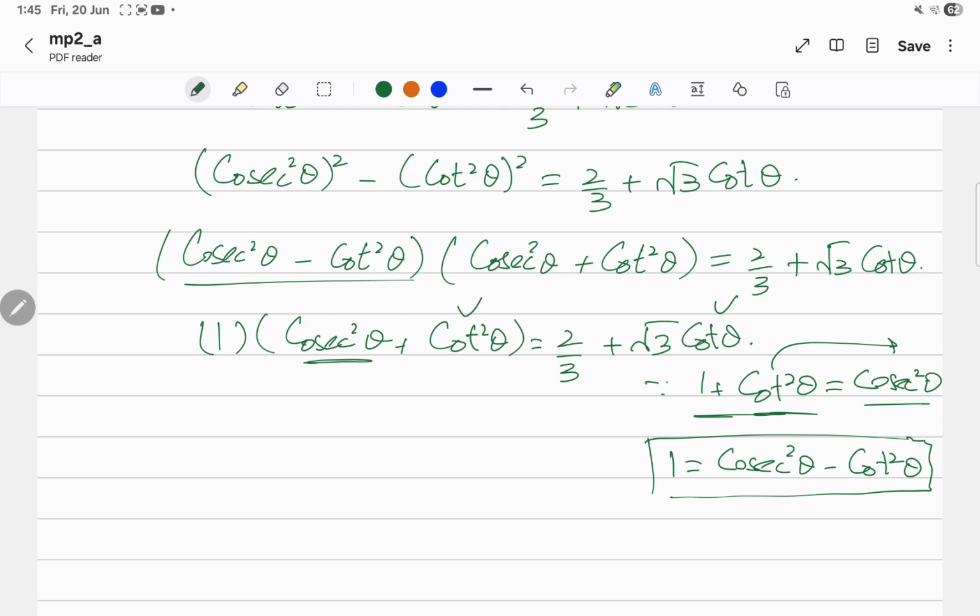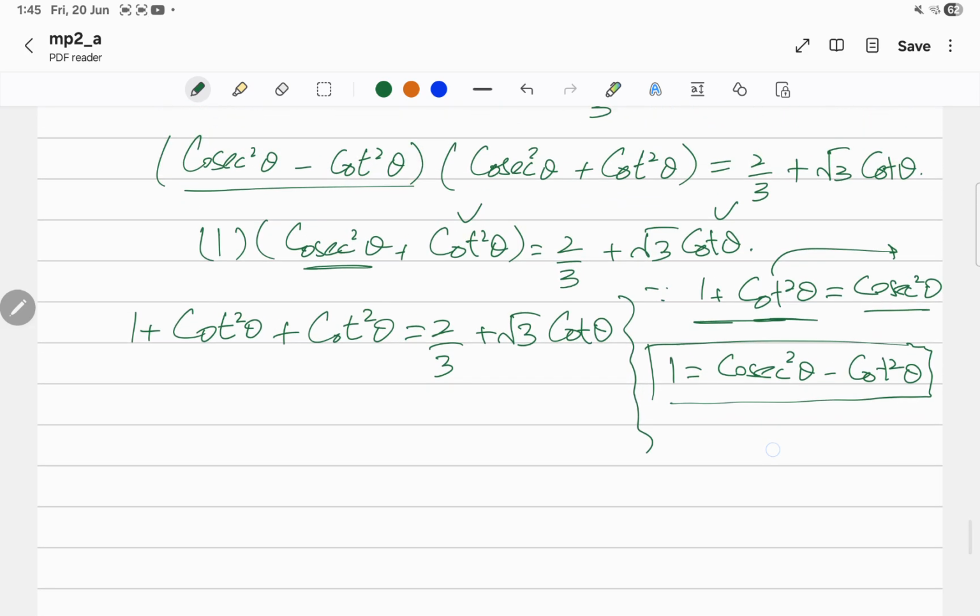So cosec square is 1 plus cot square, so you can replace this cosec square with 1 plus cot square theta plus cot square theta equals 2/3 plus root 3 cot theta. So then cot square plus cot square is 2 cot square theta plus 1 equals 2/3 plus root 3 cot theta.